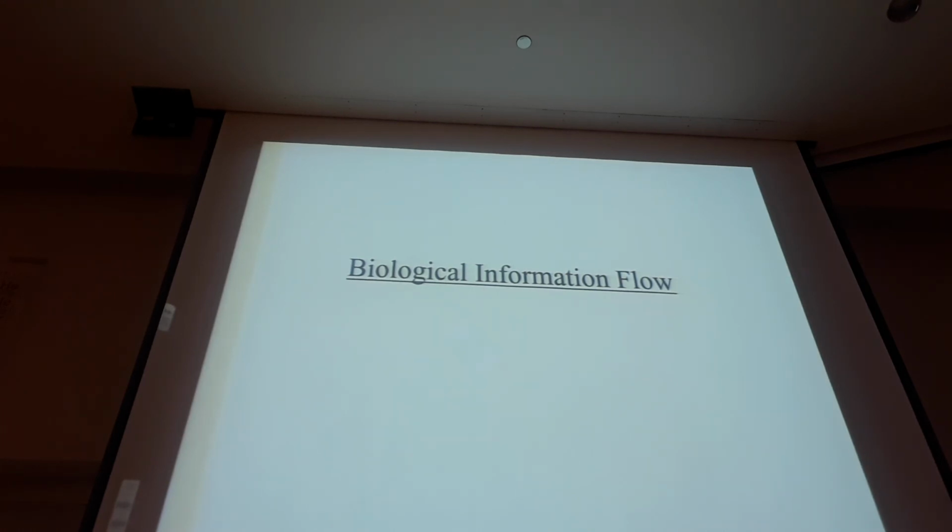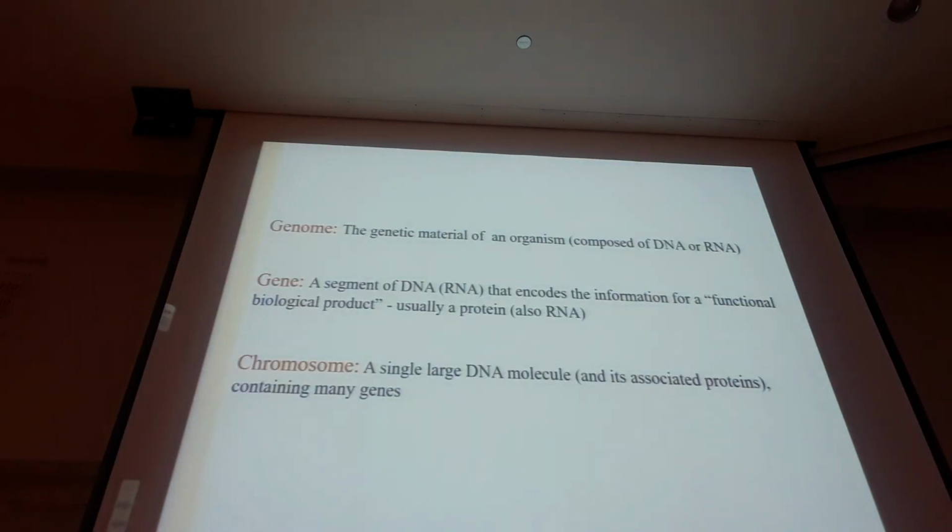And we will talk about this biological information flow that ultimately leads from the level of DNA, genes, via messenger RNA to functional proteins. Okay, and this will be a very abridged discussion of these processes. Okay, so I just told you that the information for proteins resides in genes.